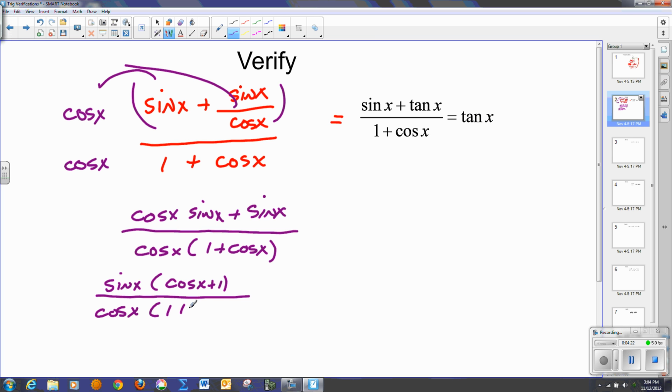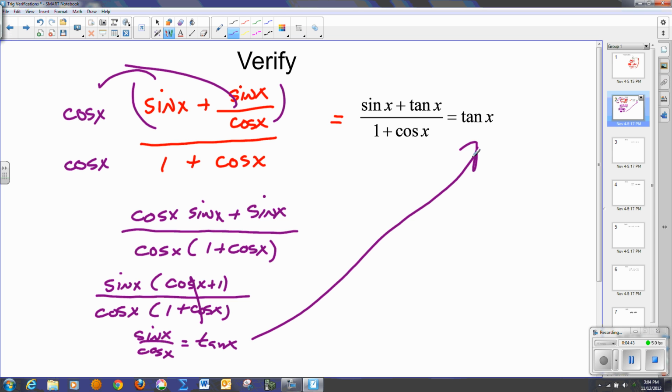Now you'll notice these are opposite. However, since it's addition, I know addition's commutative, and these two will reduce out. This gives me sine x over cosine x, which we know is tangent of x, and I'm back to where I wanted to be. So that's been verified. Look at the next example.